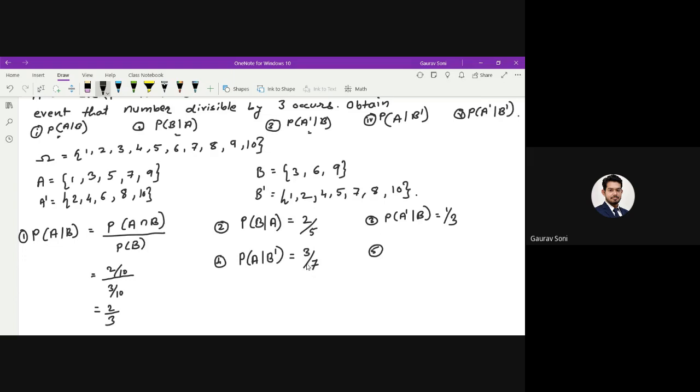The last one: probability of A complement given B complement. This is 4 by 7.